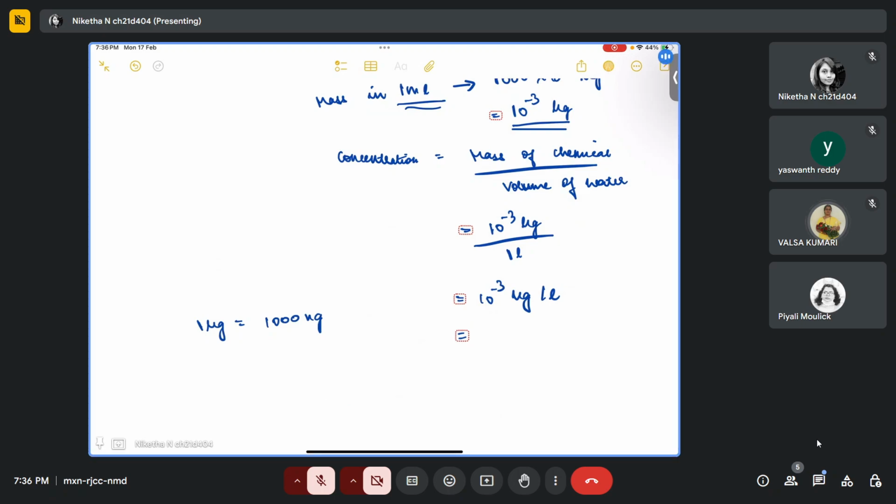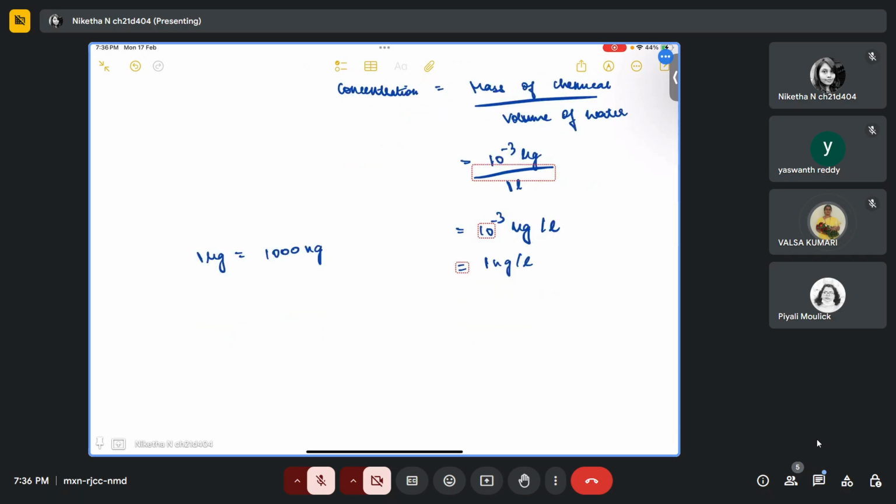So if we have 10 power minus 3 microgram, it is equal to 1 nanogram per liter. So this is the answer in this unit.